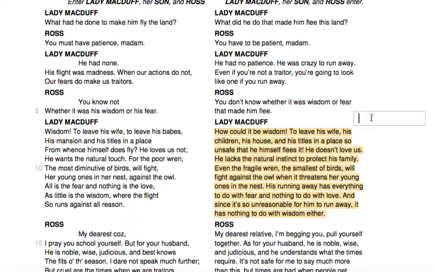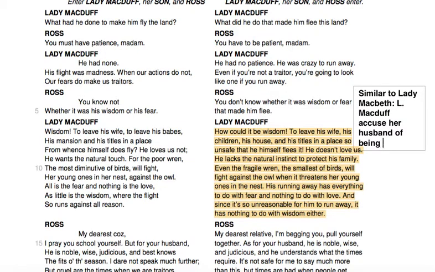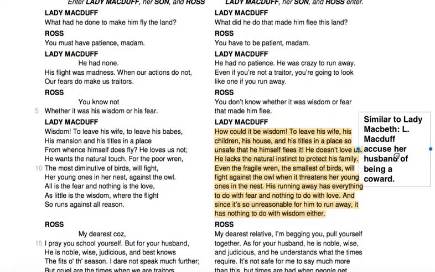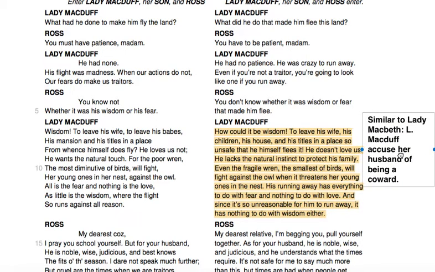So similar to Lady Macbeth, right? I'm just going to put L for Lady. So Lady Macduff accuses her husband of being a coward. Again, this is something that Lady Macbeth does as well.